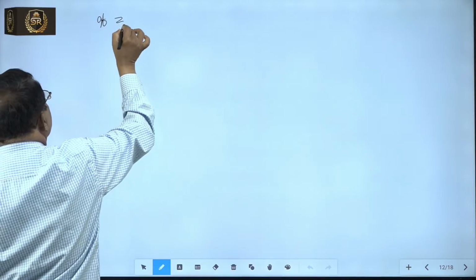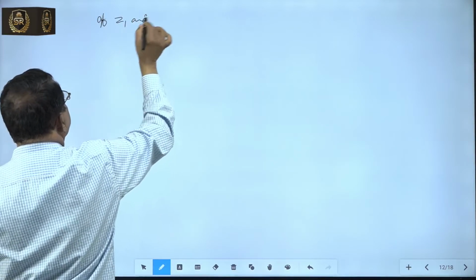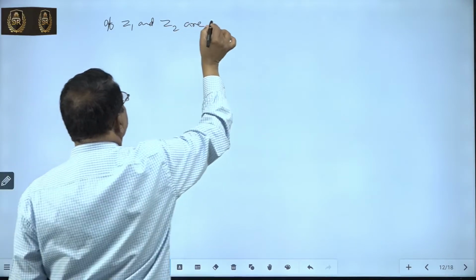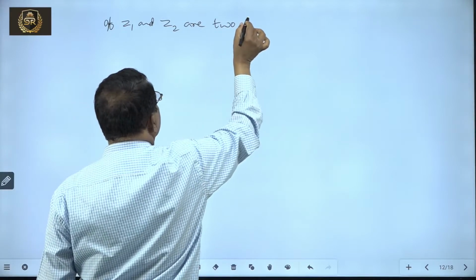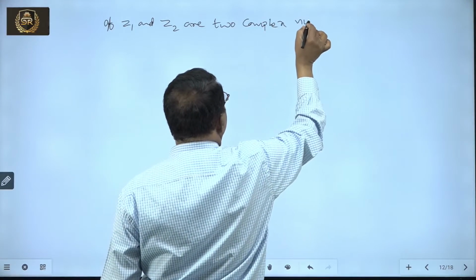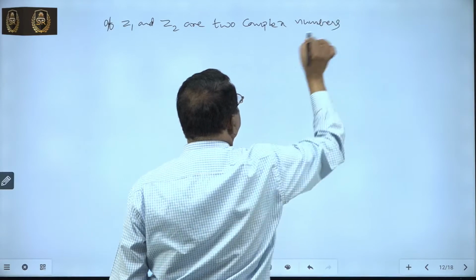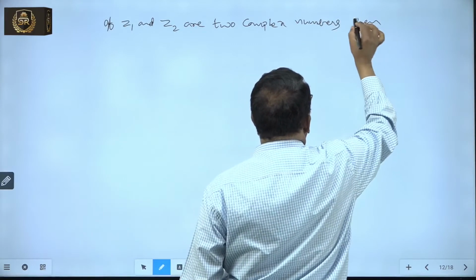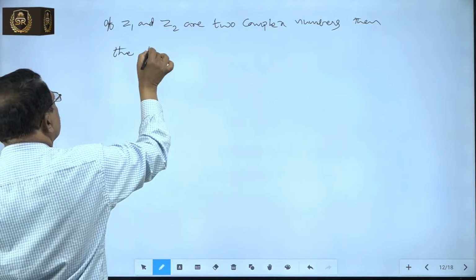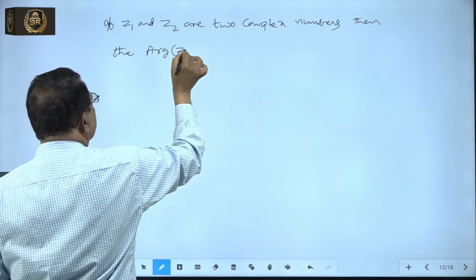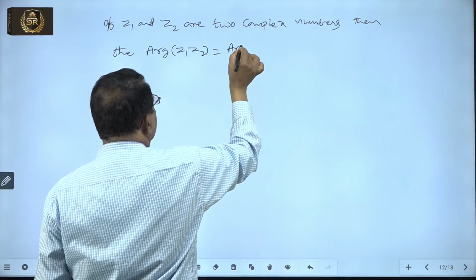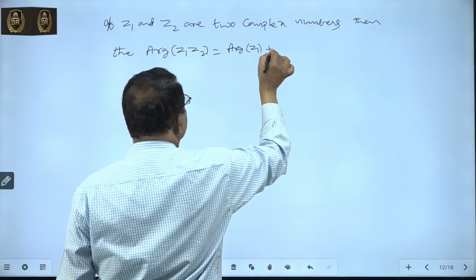Next, if z1 and z2 are two complex numbers, then the argument of z1 into z2 equals argument of z1 plus argument of z2.